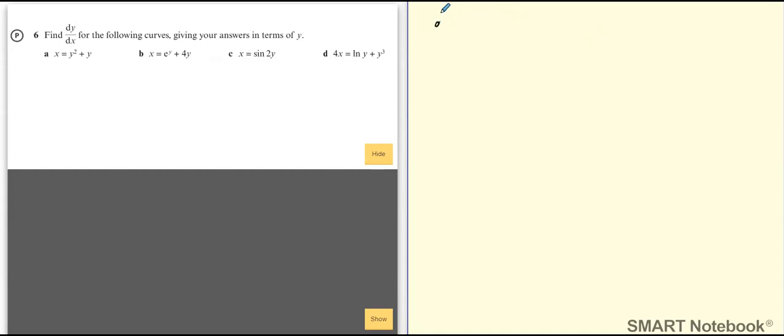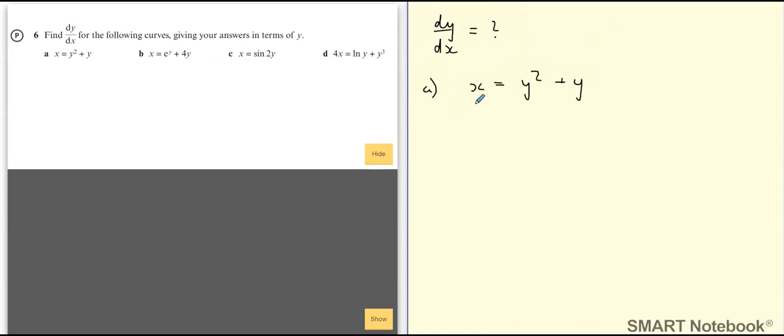I want you to have a go at these questions. So the questions asked us to work out for part A, dy by dx equals question mark. But in part A, what we are told, we've got x as the subject of this equation.